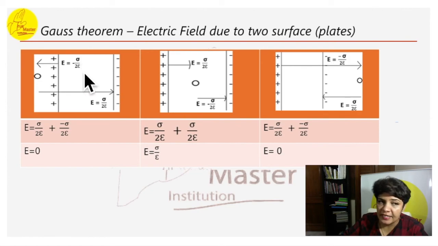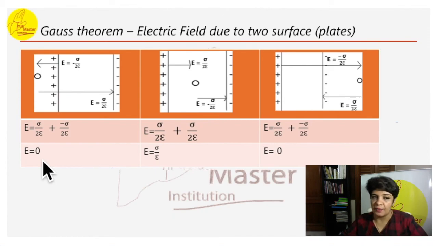Now for the negative plate, it does not generate from here, it gets terminated here, so this will be the direction of the arrow. Suppose this is 0 on the number line, it is in this direction, so it will be positive. So E will be equal to sigma by 2 epsilon naught. When we add these two up, sigma by 2 epsilon naught plus minus sigma by 2 epsilon naught, E will be 0. This will be case 1.